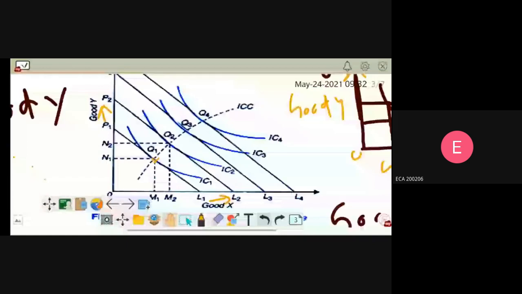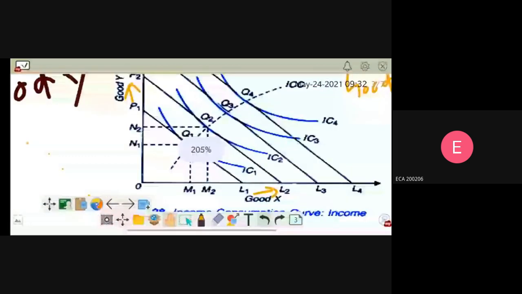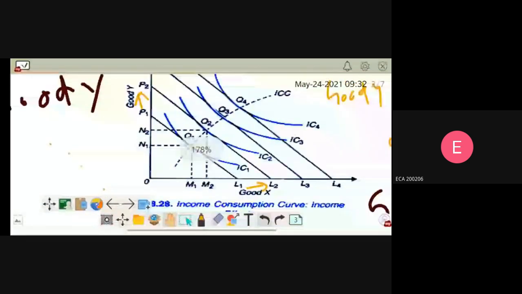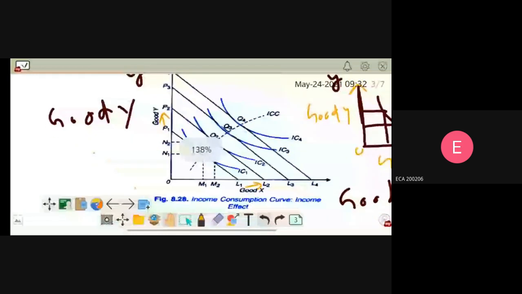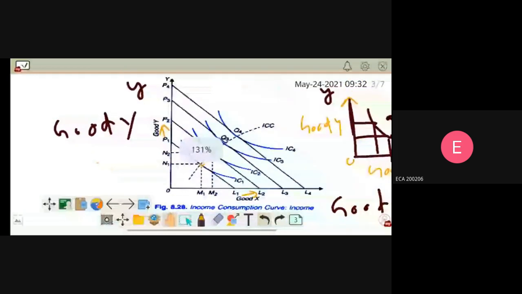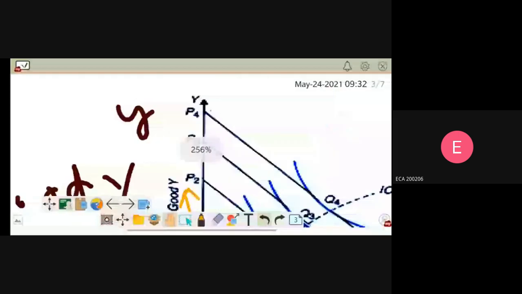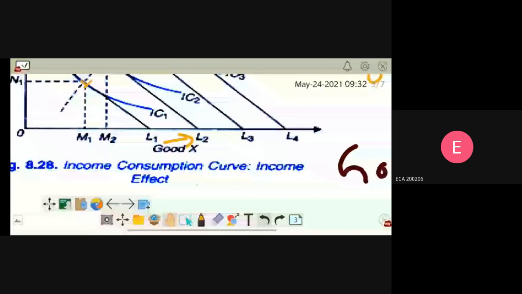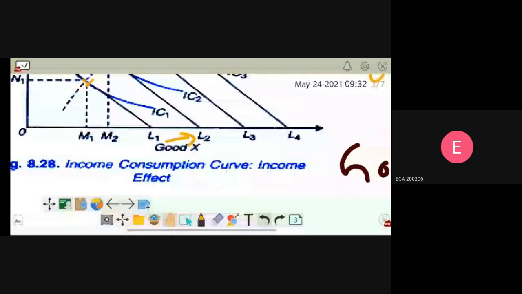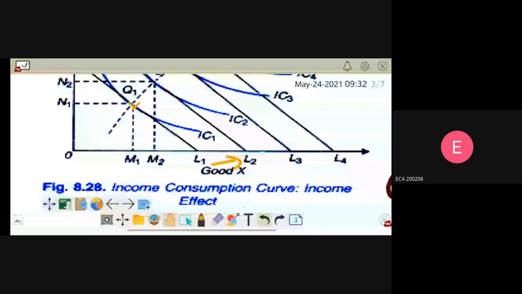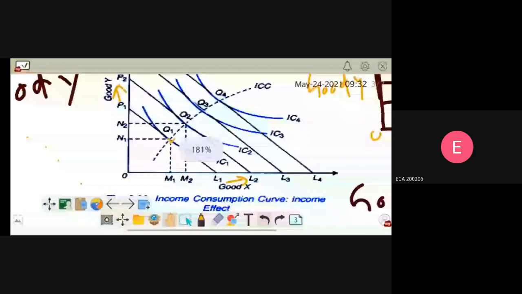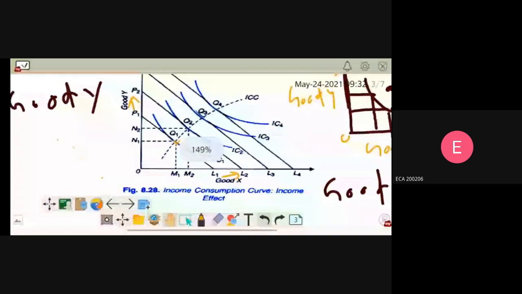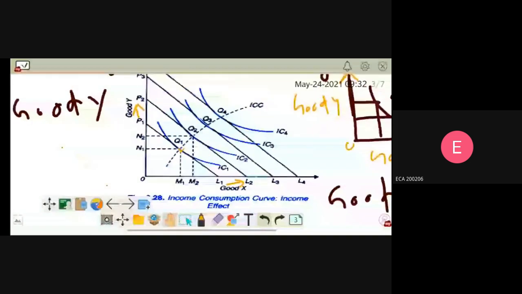Here in this diagram, there are two goods, good Y and good X, and good Y is measured on the Y axis and good X is measured on the X axis. And we have four indifference curves: IC1, IC2, IC3, and IC4.